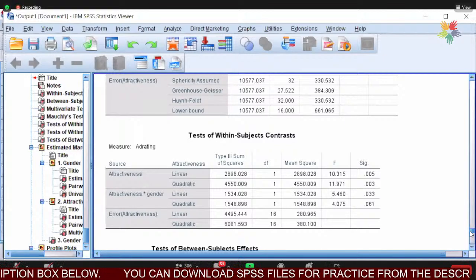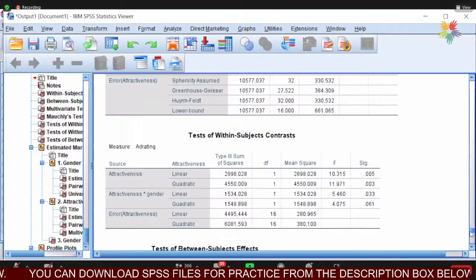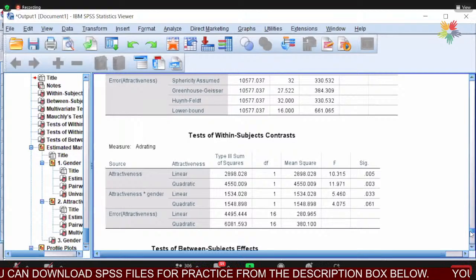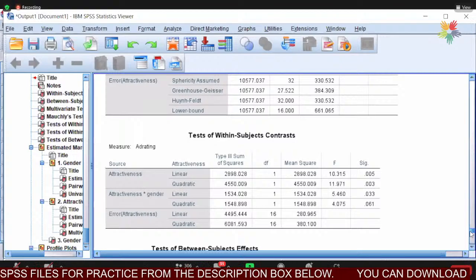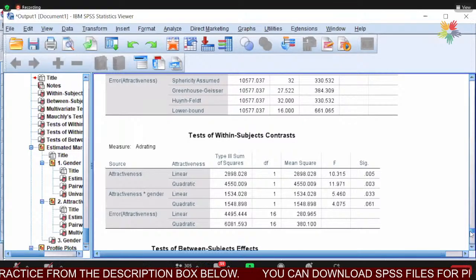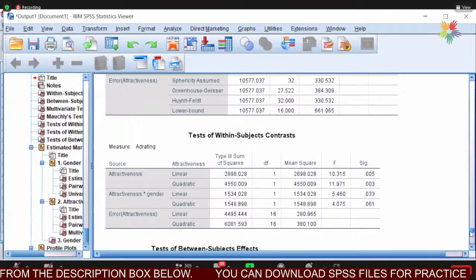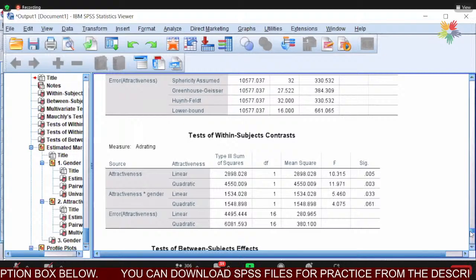You have parametric test and you have non-parametric test. When your assumption is met, that is, the normality assumption is met, you will go for a parametric test. When it is not, then you will go for the other one.